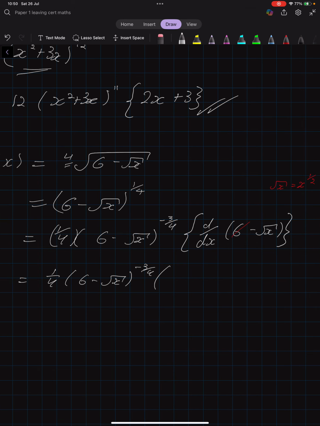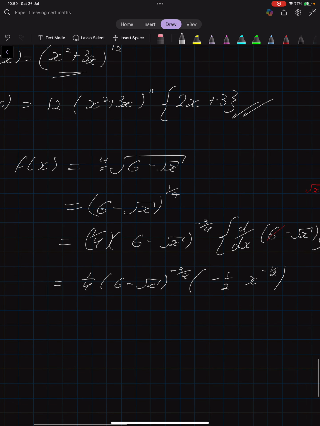So the half would come down, so I get minus a half. And I would minus 1 off the power, I get x to the minus half. Just tidying up, I get minus 1 over 8, 6 minus root x to the power of minus 3 over 4, times x to the minus half.